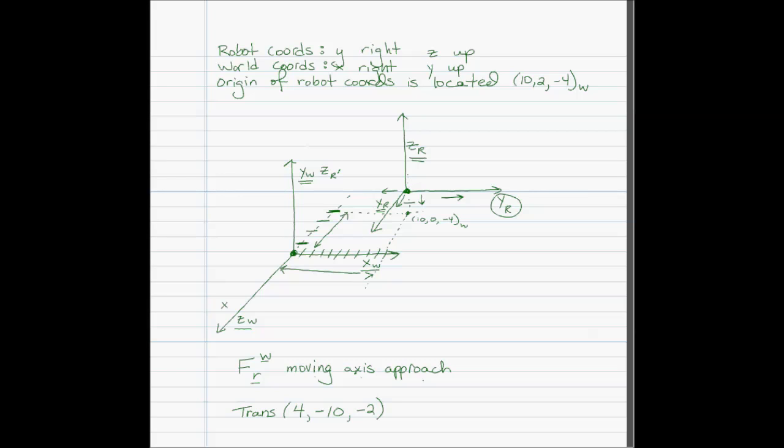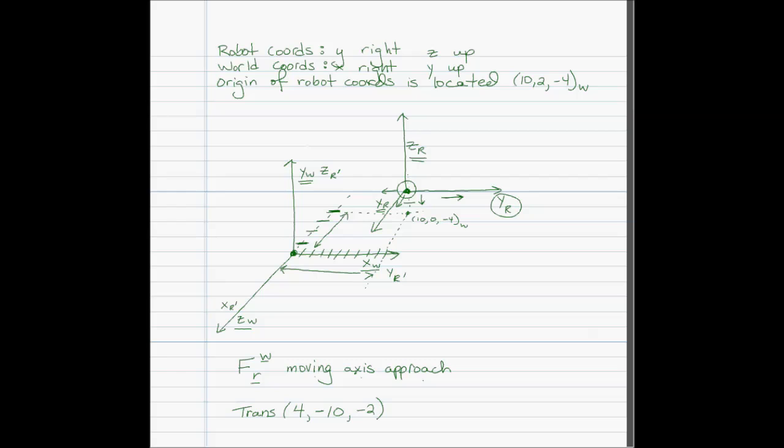And x sub robot prime, because it's not the robot coordinate frame anymore. The robot coordinate frame had its origin here, but now we're doing some translation, so we'll call it the robot prime coordinate frame. And of course the y robot prime coordinate frame is right here. Okay, so far so good.